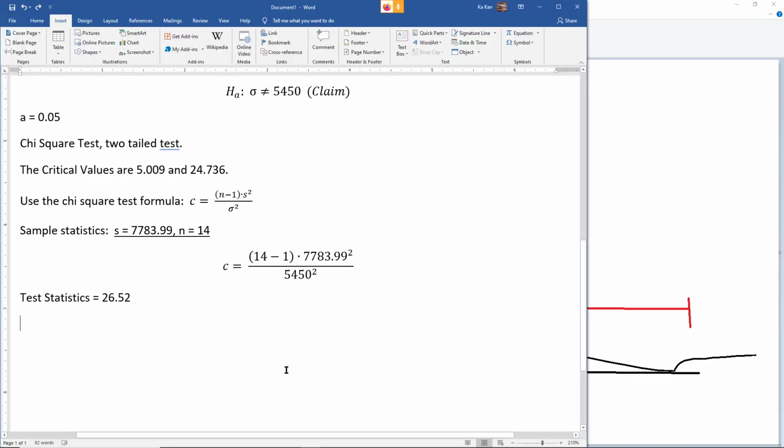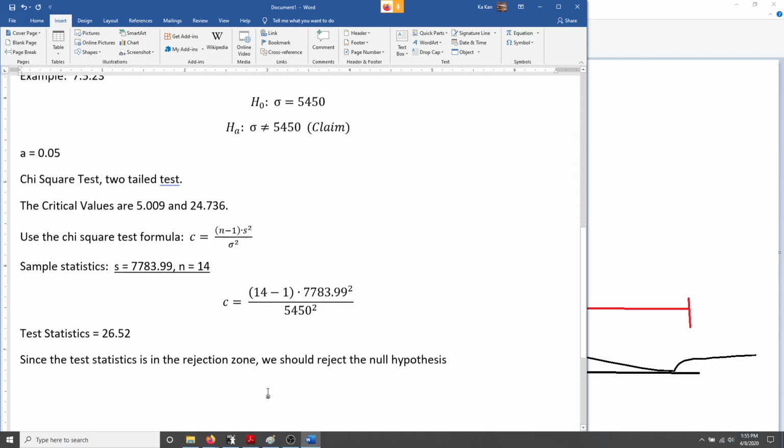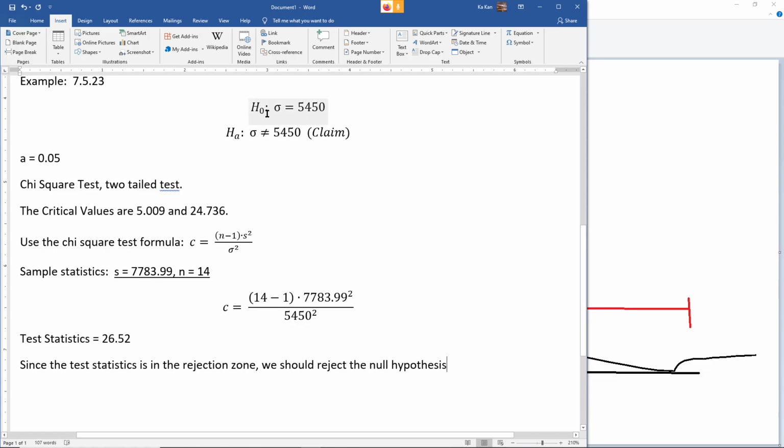So you should say this: since the test statistic is in the rejection zone, then we should reject the null hypothesis. And if you scroll up a little bit, we should reject this guy right here. So reject this, that means the claim is supported by evidence. So we have enough evidence to support the claim.